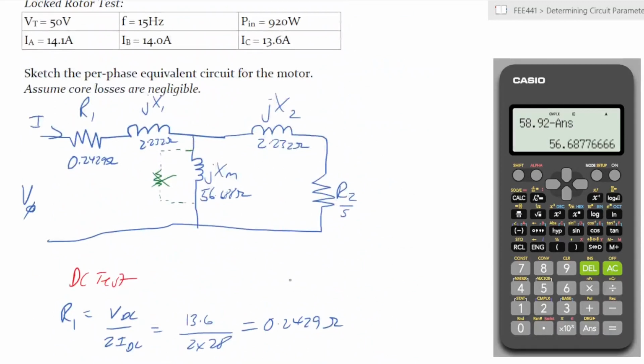So it is 1.344 over whatever the value of slip is at that particular operating point. Therefore, by that method, we have determined the entire values of the equivalent circuit for that machine. And we can stop there.